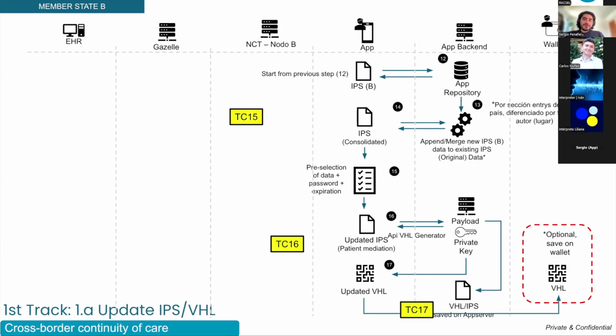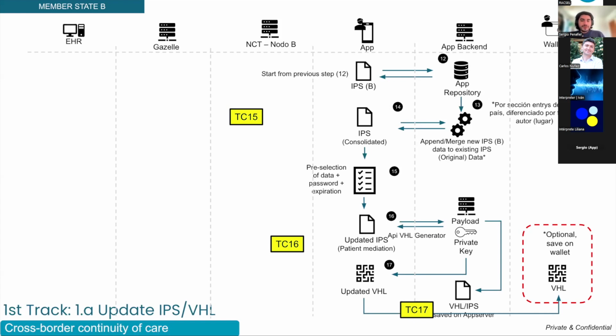If there is a new resource in this new IPS B, it is added to the original IPS, and then that is done resource by resource for all the resources, and it creates this new combined or merged IPS, which is returned to the application, and which is the one that the patient has as the latest version of the clinical status in the application.